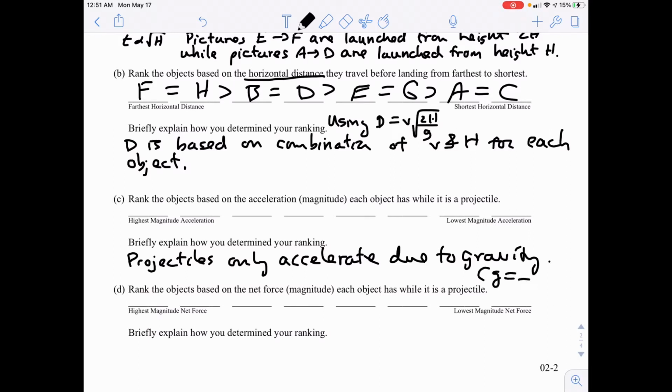That's g equals negative 9.8 meters per second squared. So if that's a constant, that would tell you that A, B, C, D, E, F, G, and H are all the same. Same magnitude of acceleration.